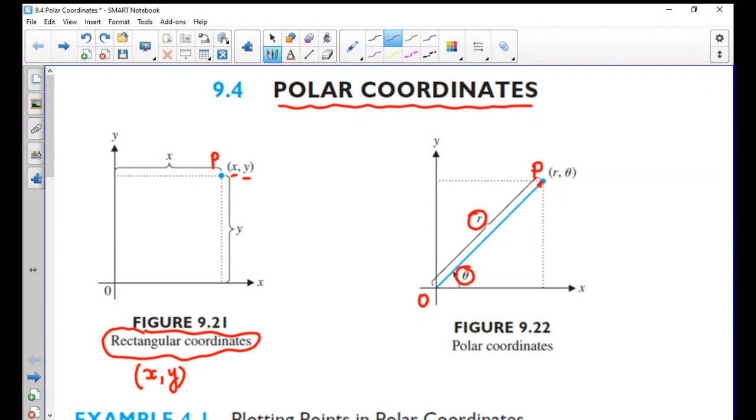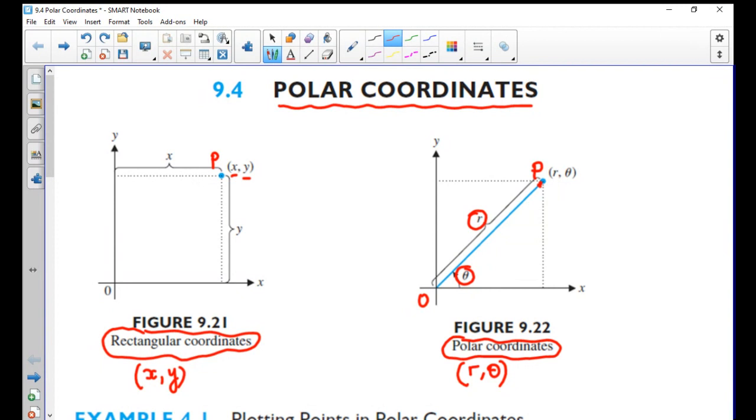So this r and theta are called the polar coordinates of the point P. So polar coordinates are r and theta.